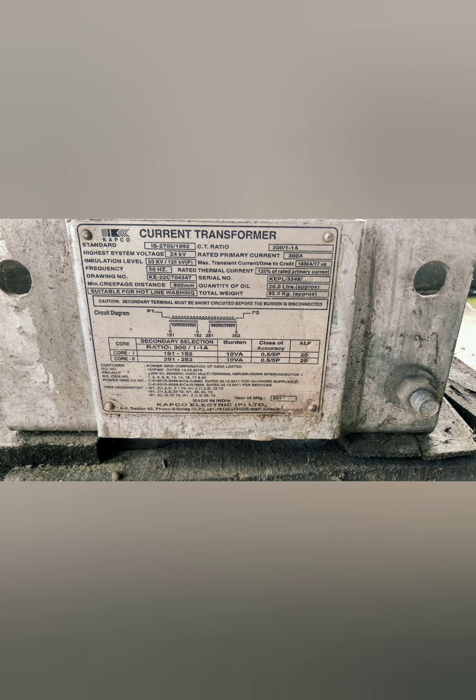One is core 1 with 1S1 and 1S2, and core 2 with 2S1 and 2S2. There are no taps, and there is no protection special class mentioned, so we don't need to do the knee point voltage test for these CTs. These are all the common examples.